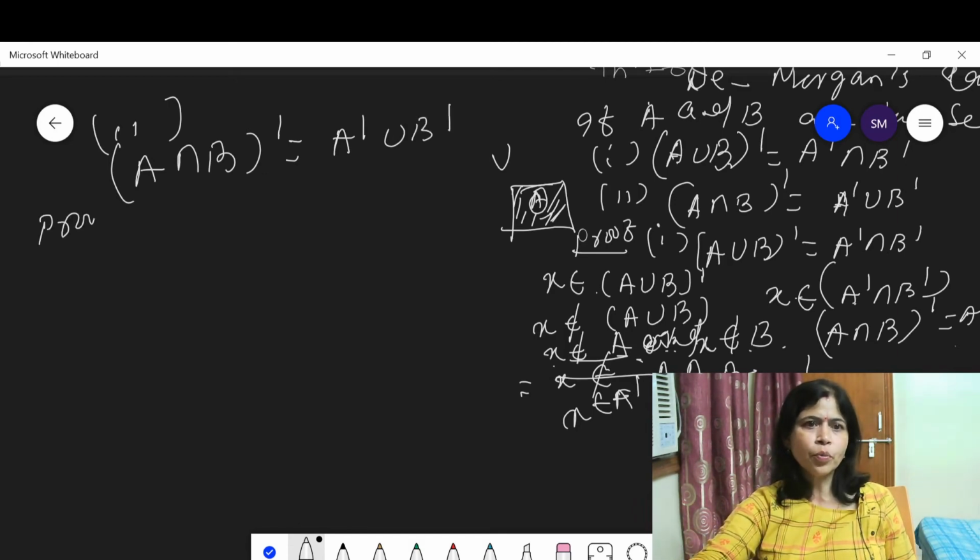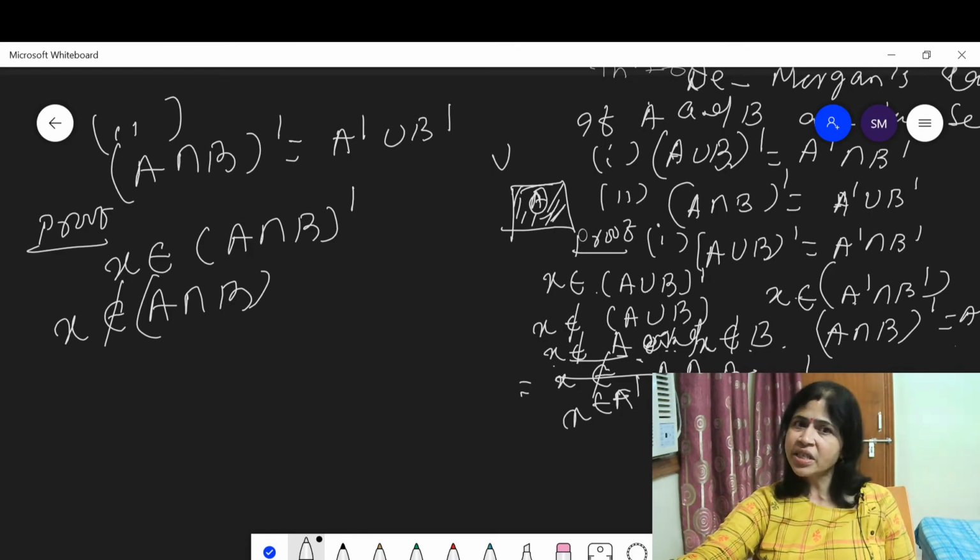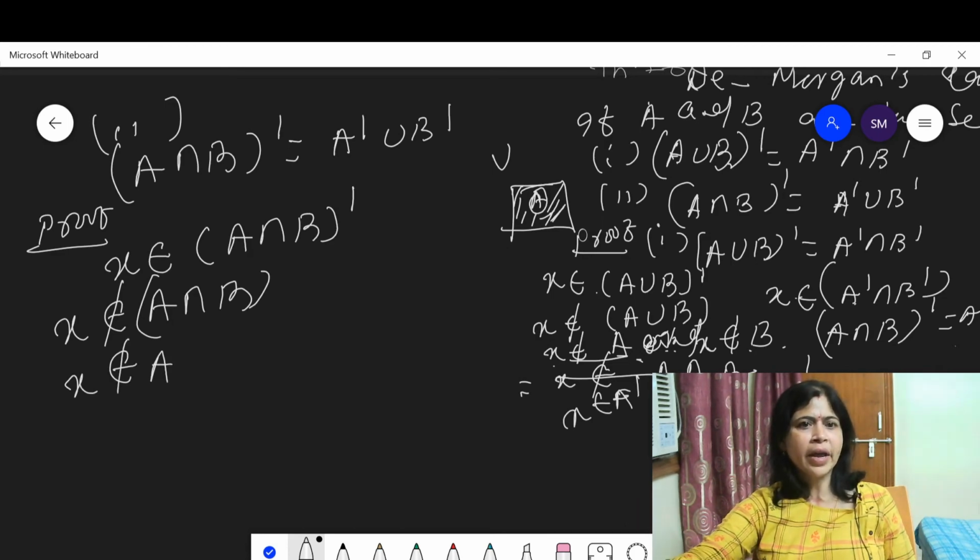Let X be any arbitrary element of A intersection B dash. If X belongs to A intersection B dash, this implies that X is not an element of A intersection B. This shows that X is not an element of A or X is not an element of B.